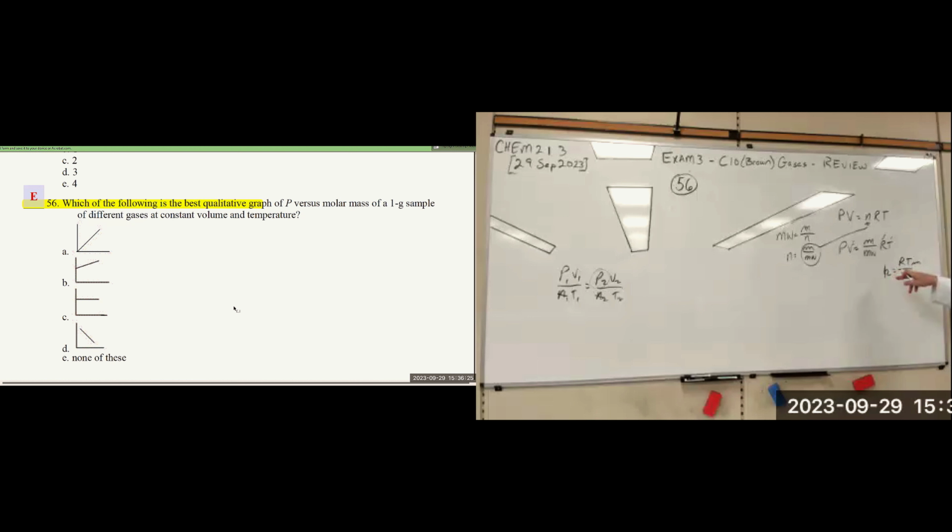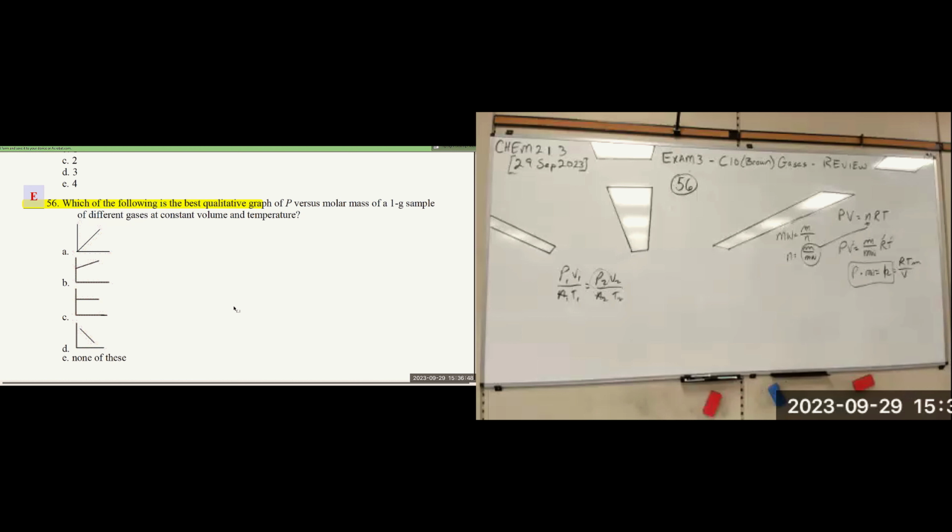So if that's the case, we've got this one, and this one on top. We brought volume over here. Now we're going to take this one over here. P times molar mass equals a constant. Okay, so far?